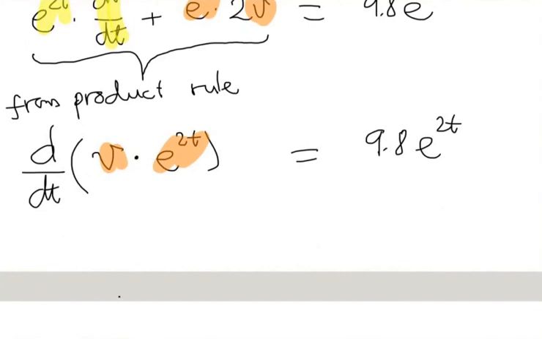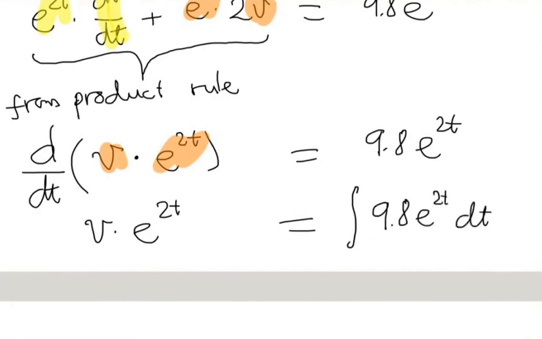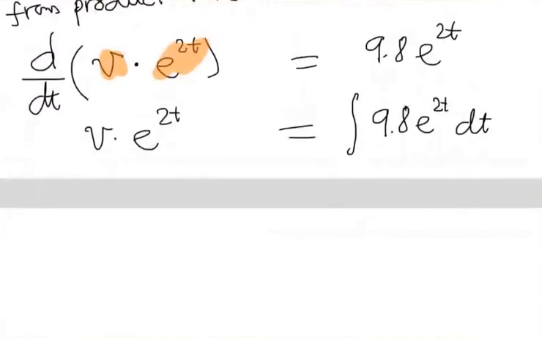So from calculus 1, we integrate and we get v e to the 2t equal to the integral of 9.8 e to the 2t dt. This follows from the fact that derivative and antiderivative are inverse processes of each other. Derivative of this product is the right hand side, so this product without derivative is the antiderivative of the right hand side.